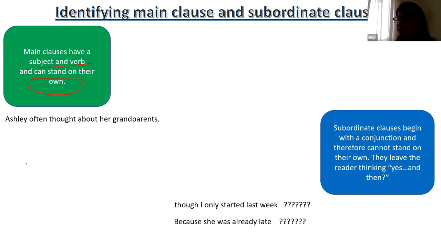For example, I can give you one more sentence: while I was doing my homework, or let's say, when my father came home. When my father came home, then? There's a question mark. You don't know what is happening next. So such sentences are called clauses which cannot have independent standing of their own. Now let's go to the next slide.